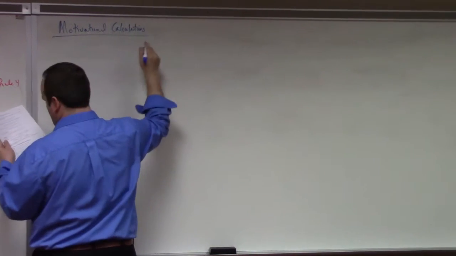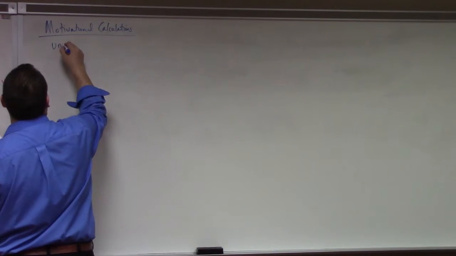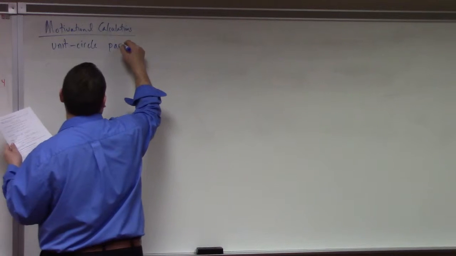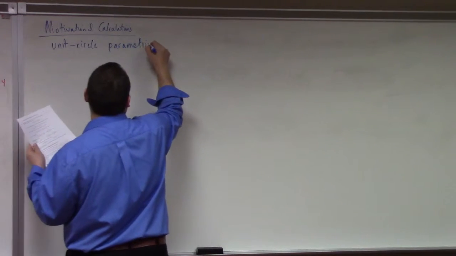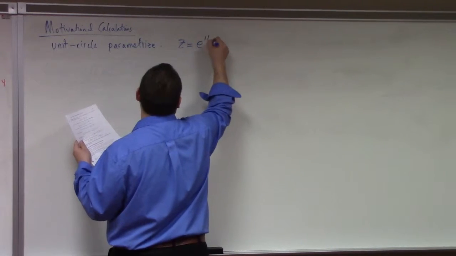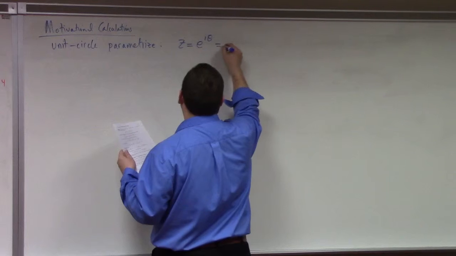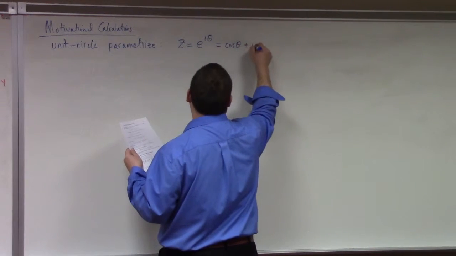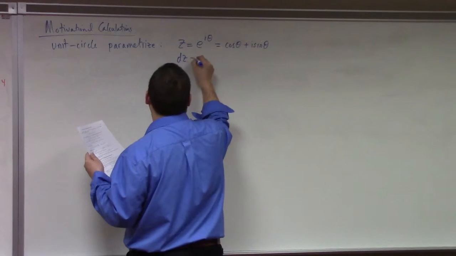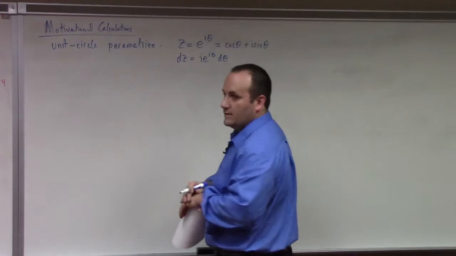All right, so here's the deal. If we're on the unit circle, parametrized by what? z is equal to e to the i theta, right? So, on the one hand, that's cosine theta plus i sine theta, right? On the other hand, we also have that dz is i e to the i theta d theta, right?